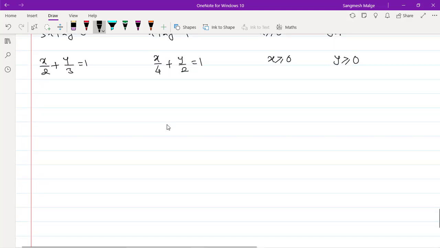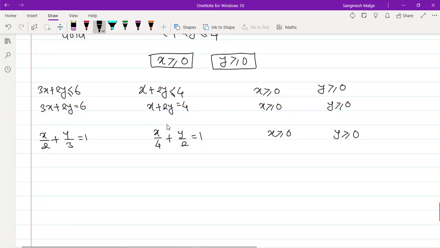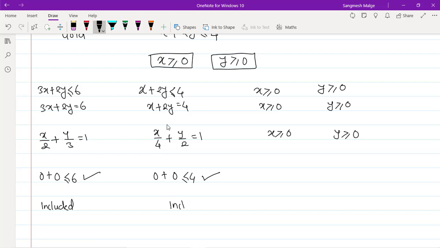Okay, check for the origin. So it is 3 into 0 is 0 plus 2 into 0 is 0, less than or equal to 6. Yes, so we can say it's included. What about the second? It is 0 plus 0 less than or equal to 4, accepted. So again the 0 is included in this region.